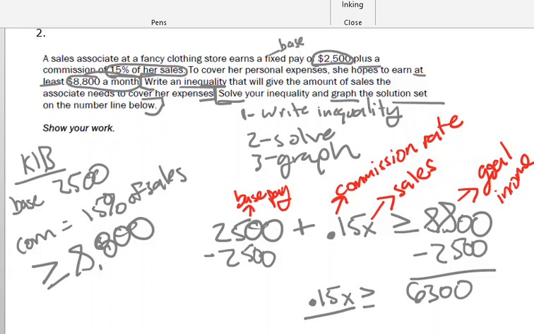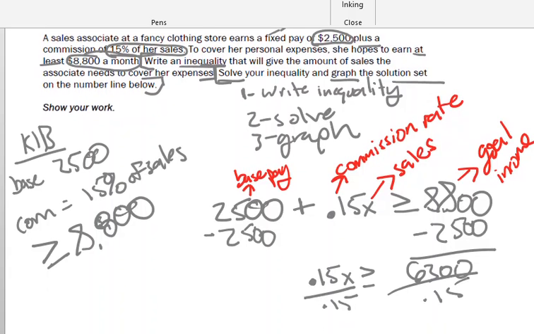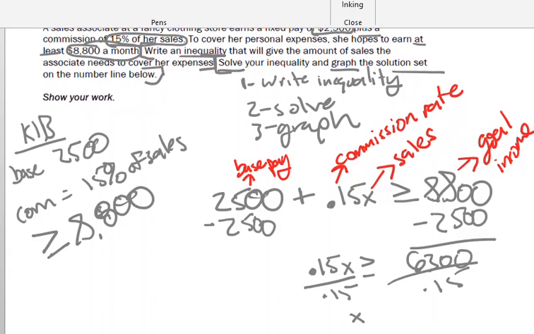I will divide both sides by 0.15, and I'm left with x is greater than or equal to 42,000. So she needs to make $42,000 in sales to get to her goal.